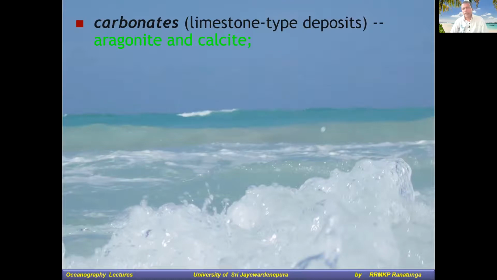In some areas in the ocean where evaporation is high and freshwater inputs are low, some of the minerals start depositing themselves. Some of them are carbonates like aragonite and calcite. Just forget about these names, just the geological names.